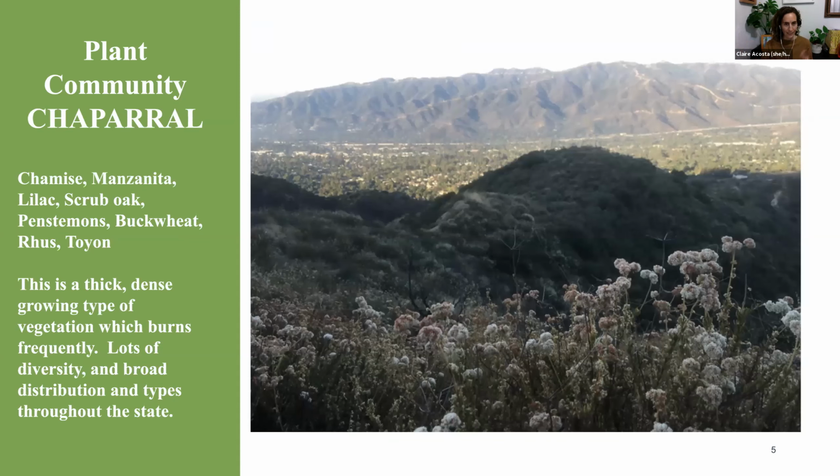The next most common one is the chaparral, and chaparral is usually a lot thicker, more dense, almost impassable, very difficult to get through, and much woodier than the coastal sage scrub. Because of that, it burns more frequently. It has evolved to have a fire cycle.